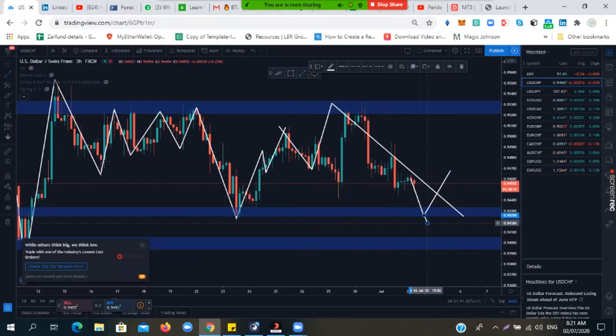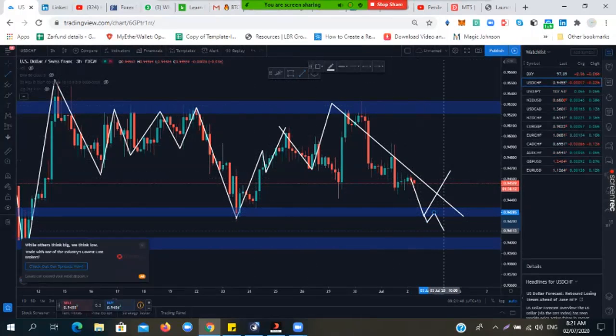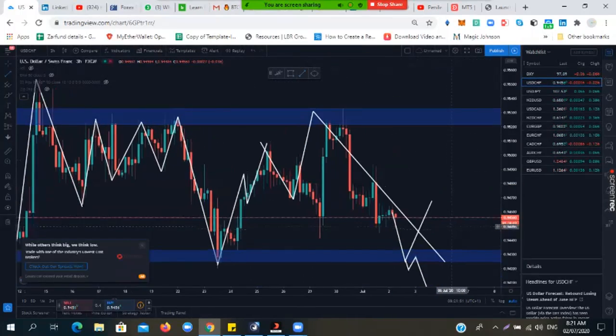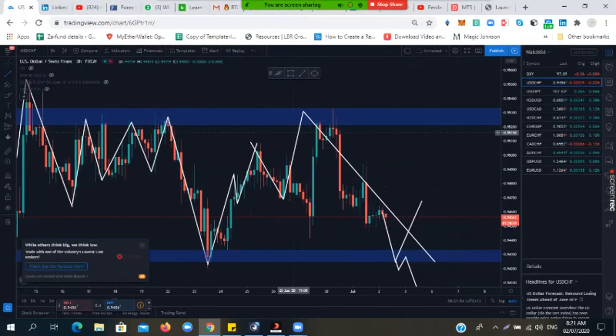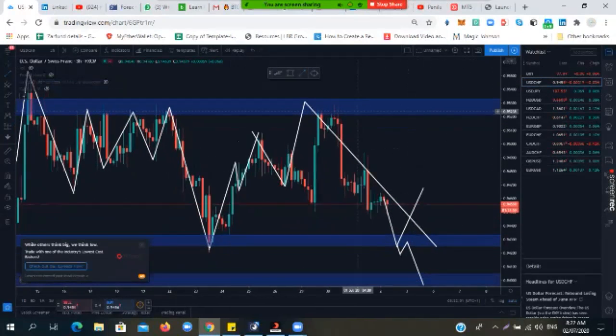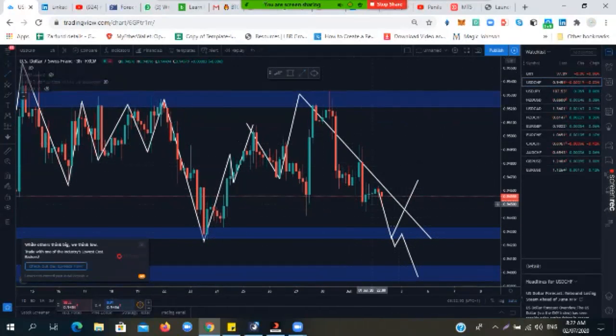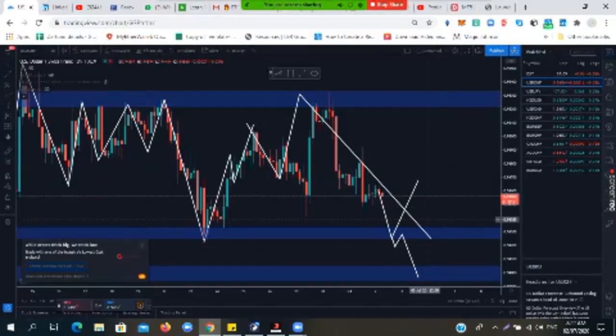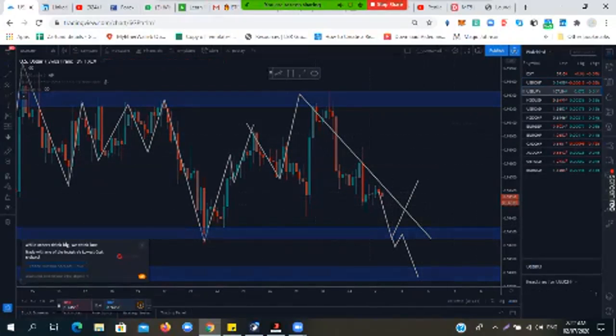Or we might see a break, a retest of this zone, and a continued sell-off, like what has happened over the past few days. You see this huge sell-off here, guys. This was a huge one. So we might see a reversal of this sell-off to a buy, or we might see a continuation. I know that the news from the US today is going to be affecting these pairs a lot. So that's USD CHF.